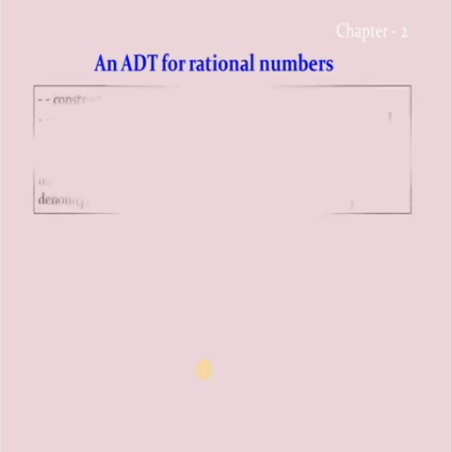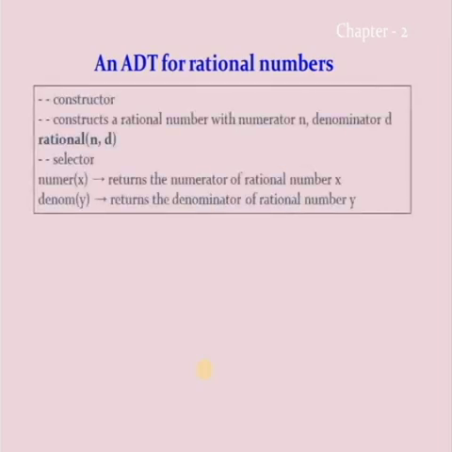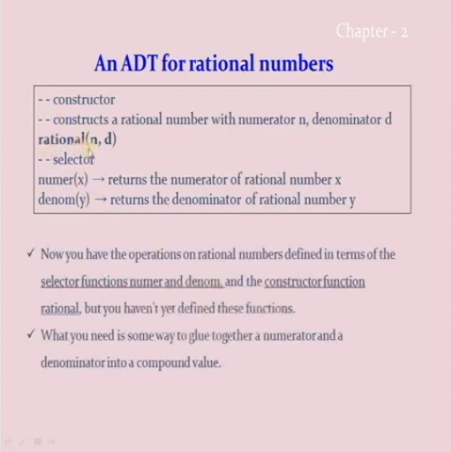As you know, to define an abstract data type, we need a constructor and selector. Constructor is a function. Selector is also a function. Here, the constructor name is rational and it has two parameters, n and d. Selectors are numer of x, denom of y.